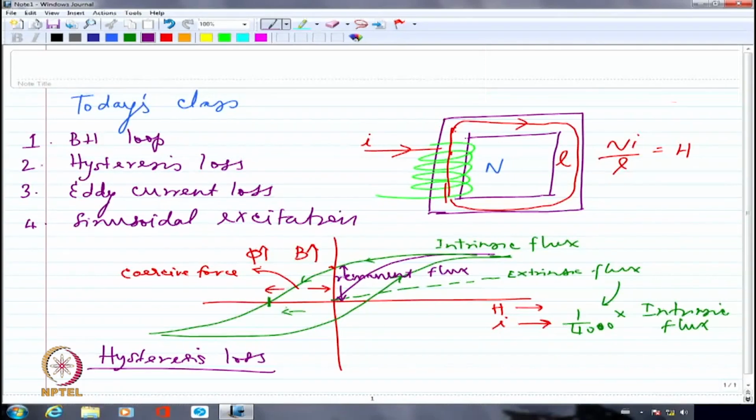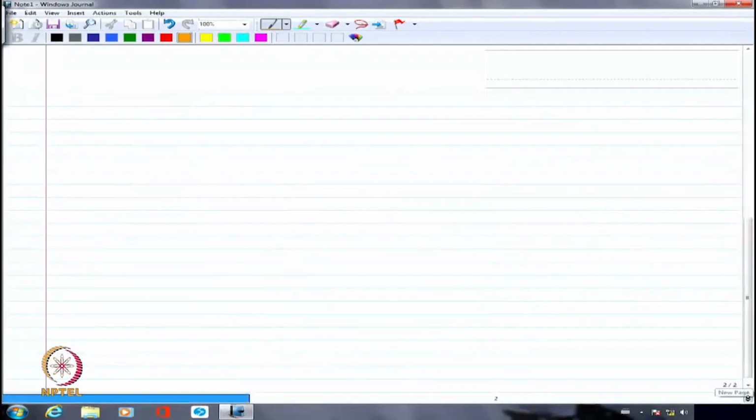If I try to calculate what the hysteresis loss really is, it should be equal to the integral of EI dt from 0 to t, if I calculate this loss over one cycle. This is going to be the energy loss, right? But we can also say in this case that E is equal to d phi by dt multiplied by n, if n is the total number of turns.